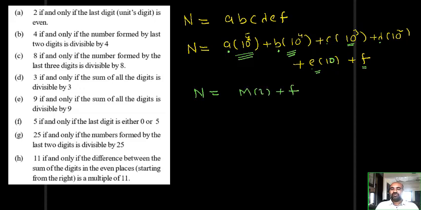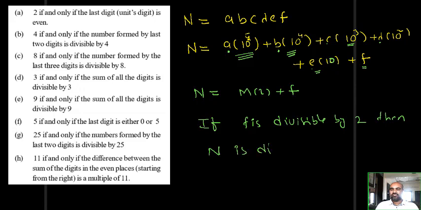If f is divisible by 2, then total is a multiple of 2 plus a multiple of 2, so a multiple of 2. Then n is divisible by 2. What is the meaning of that? What does f mean in this problem? The unit digit.